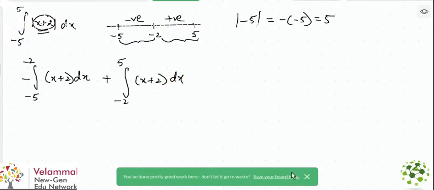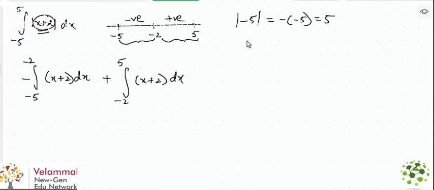Did you understand clearly? Because when it is modulus of positive 5, I leave it like that, and modulus of 0 is also 0. So you can include minus 2 either here or here, in any one of the places. Okay, now I have to integrate, that's all.